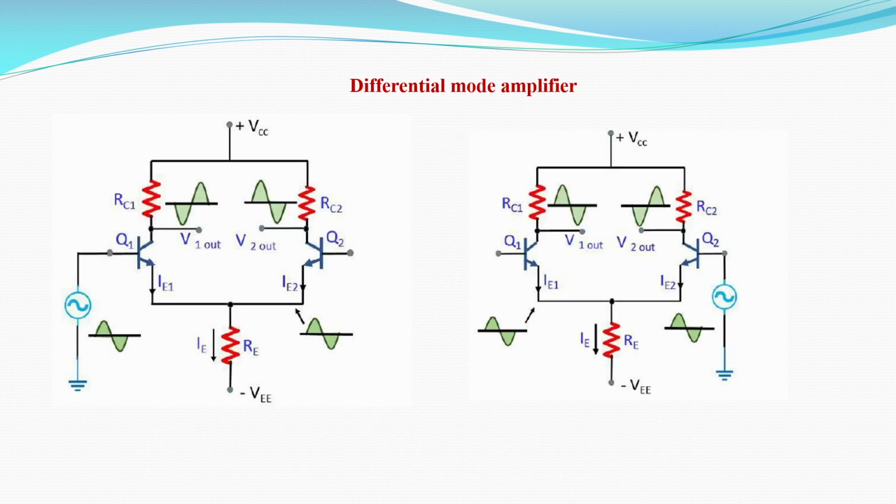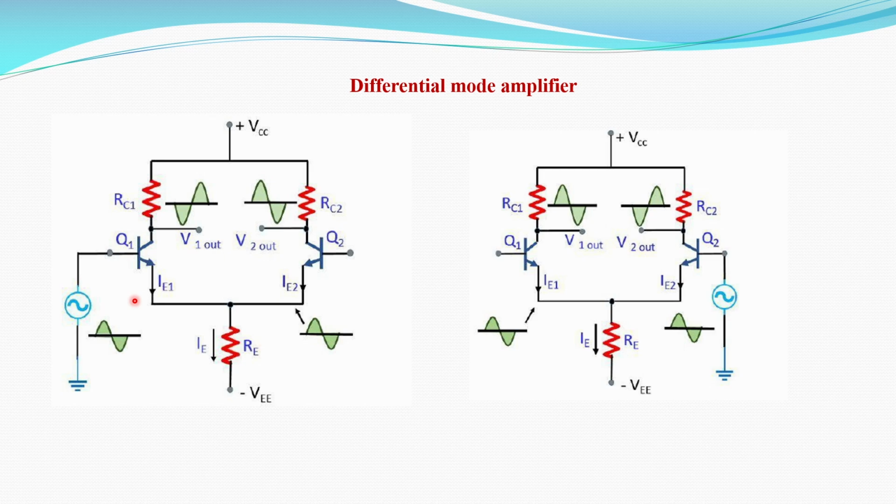First, I'm going to discuss the differential mode amplifier operation. In the case of differential mode operation, let us see the first case. Here I split the circuit into two parts, the Q1 transistor and the Q2 transistor. First I'm discussing the Q1 transistor.